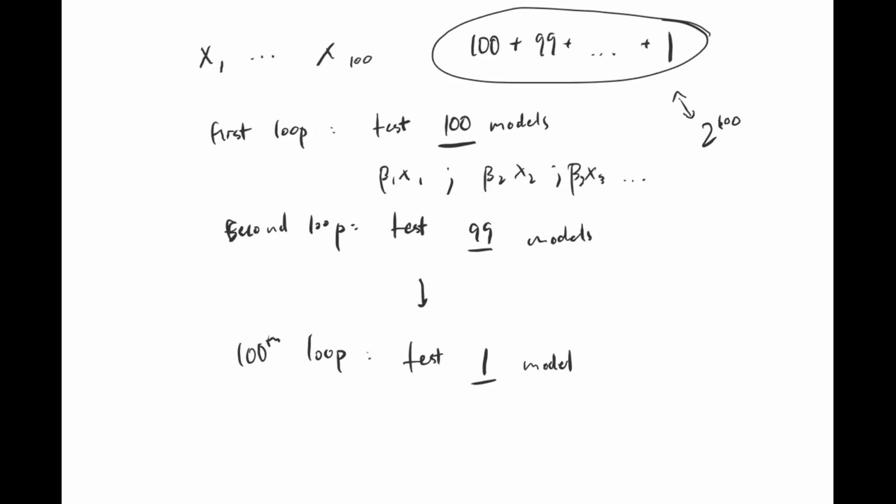This is going to be less than, wait, is that right? This would be less than 100 squared, whereas 2 to the 100 would be more than the number of molecules in the observable universe.